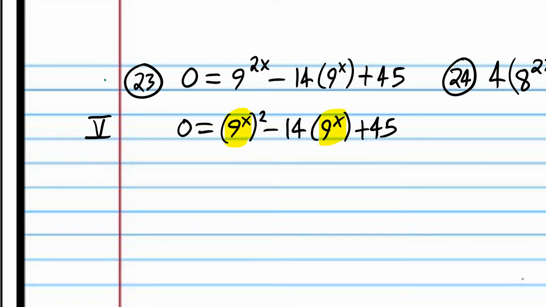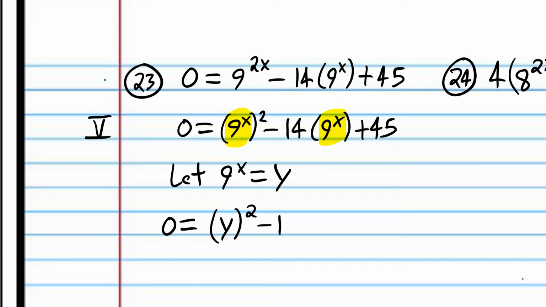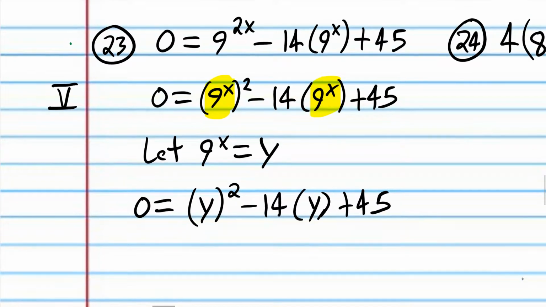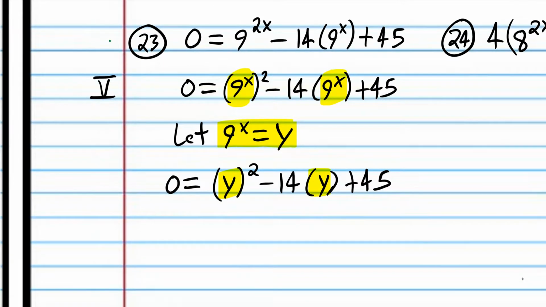And we're going to let 9 to the x power be y, and rewrite the equation and plug in y for 9 to the x. And again, you don't have to write that step with the parentheses if you don't want to. So we can get rid of those parentheses so the equation will be a little more familiar.